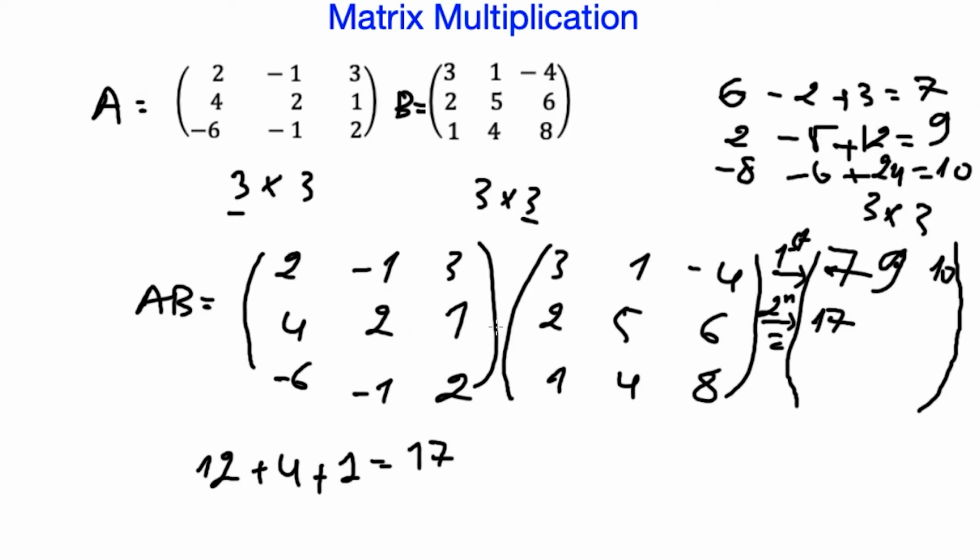And this row with this column, it is 4 times 1 is 4, 2 times 5 is 10, 1 times 4 is 4, so this is 18.